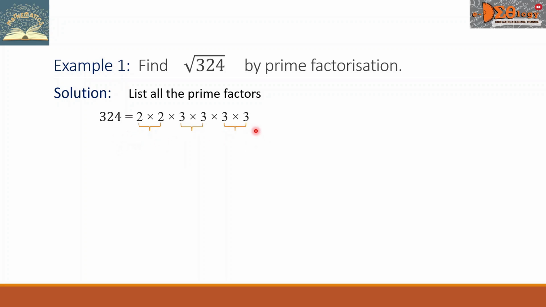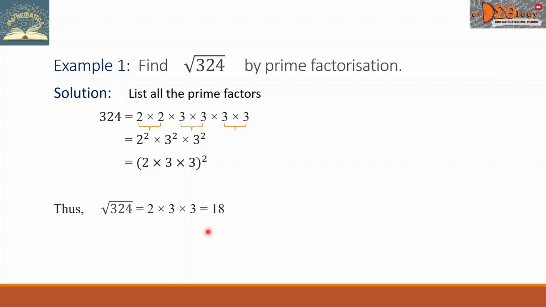So we can rewrite the right side as 2 square times 3 square times 3 square. We can simplify the exponent into the square of the quantity 2 times 3 times 3. And from here we can now write the square root of 324 equals this base, and that is 2 times 3 times 3. Finally, the square root of 324 equals 18.